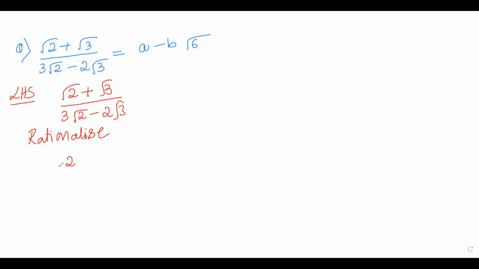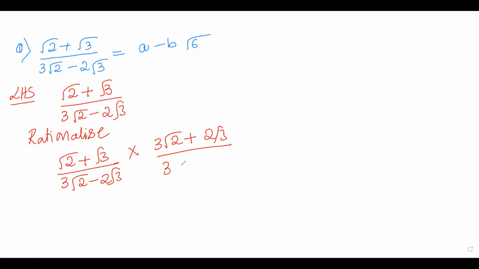The rationalizing factor is 3 root 2 plus 2 root 3, multiply and divide. As usual, if you are having a minus sign, you should take the opposite sign and multiply and divide.